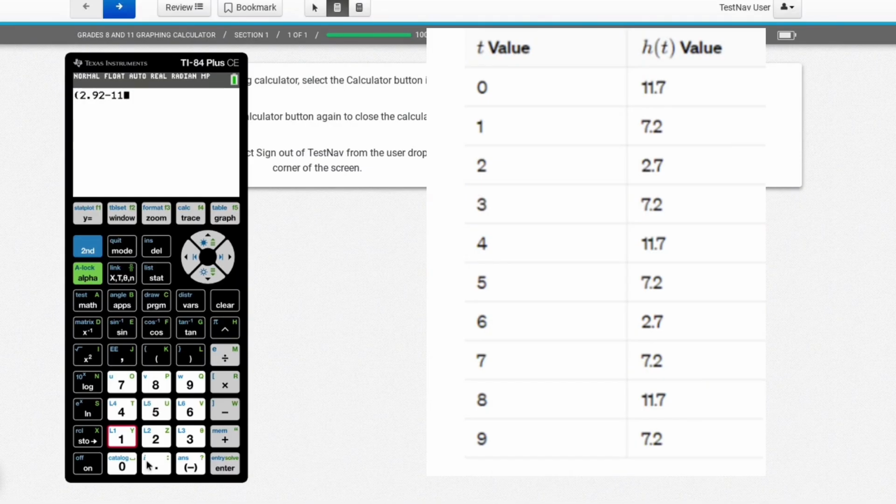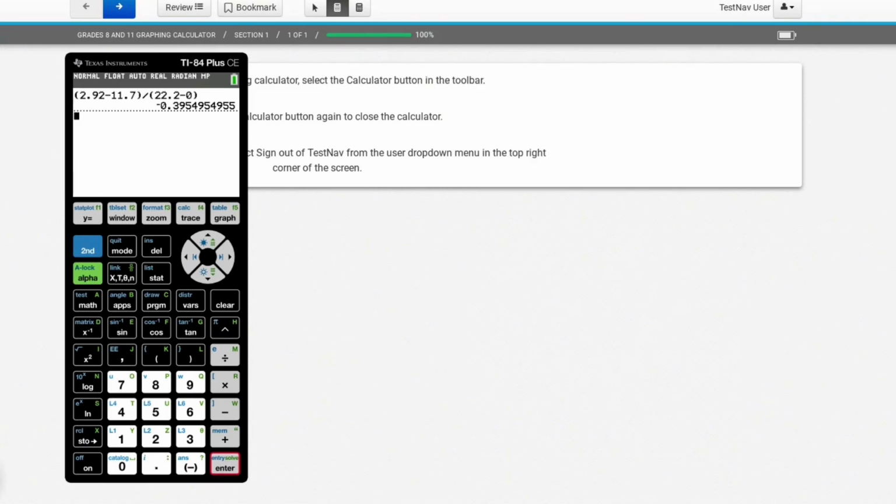So we're going to do 11.7 as our f of 0. Now we divide that by 22.2 and then waste our time a little bit and say minus 0. This is all we need. This is the average rate of change formula. Hit enter, and you get negative 0.395. Okay, so let's go back and write that out.